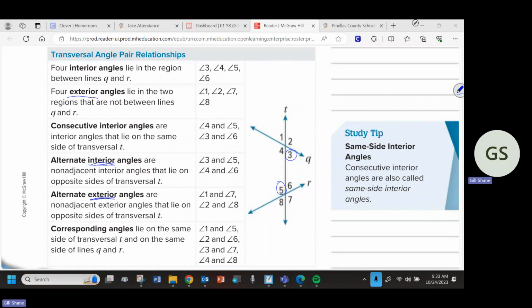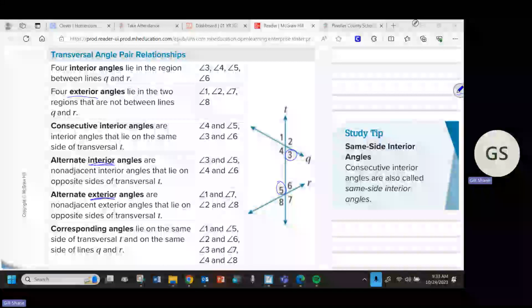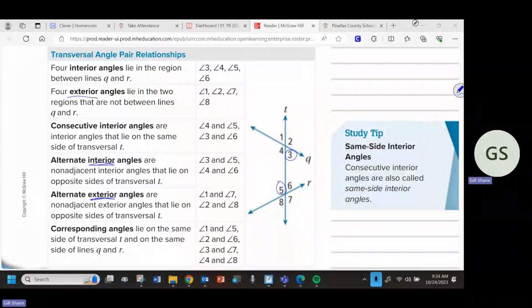So when I say that stuff, even if you haven't completely memorized things, you should be able to figure it out. Like again, interior means they're inside. Exterior, 2 and 8 and 1 and 7. Yeah. And it's always in pairs. When you say alternate interior, you can't just pick one. It's got to have a pair of angles that have that relationship to each other.